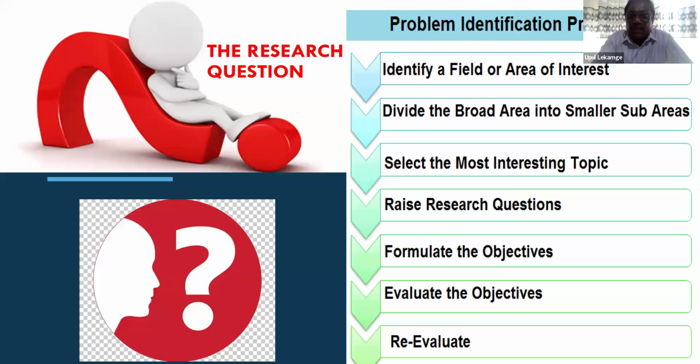Formulation is you bring it down to a researchable level, because most candidates think that when they give a very descriptive, narrative presentation on a broad area, that is research.